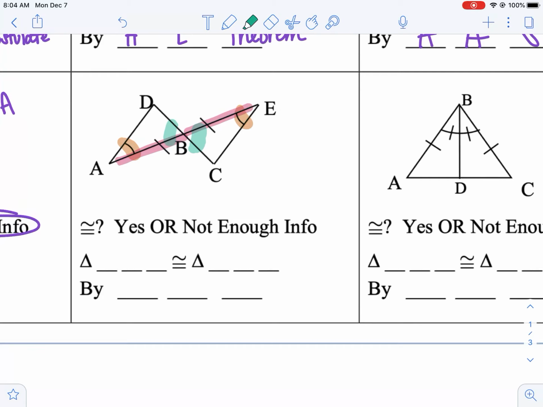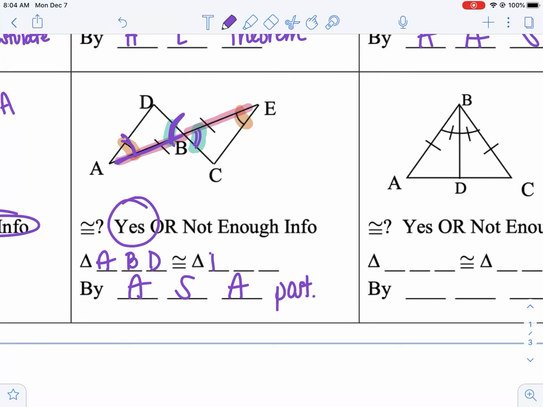I know for a fact that I can draw congruency arc marks there. We've got an angle, a side, and an angle. Yes, they're congruent. Angle side angle is the postulate we are using. So we can state that triangle ABD is congruent to triangle EBC. Once again, make sure corresponding parts are in the same order when writing congruency statements.